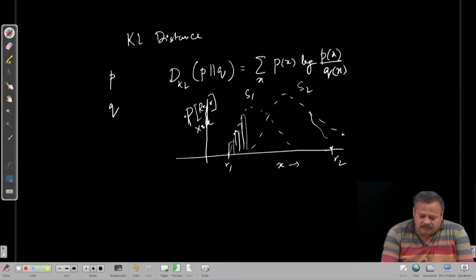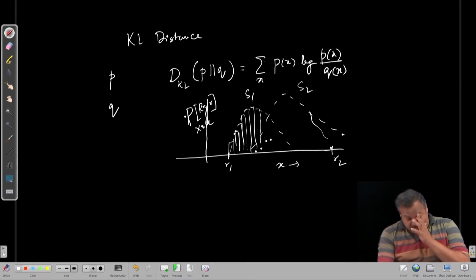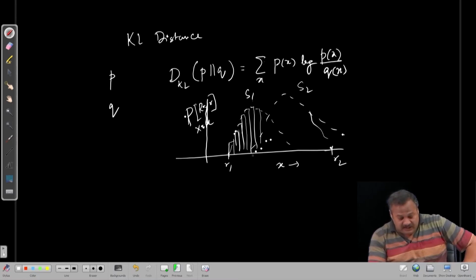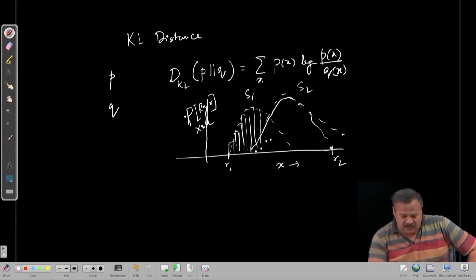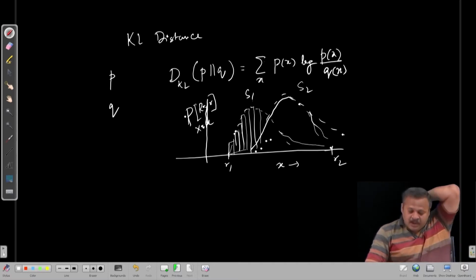These are our different rates, and that is the probability of observing the different rates x, and similarly we have a histogram that would be looking like this, with very low values on the outsides.